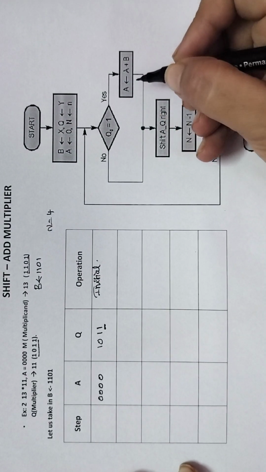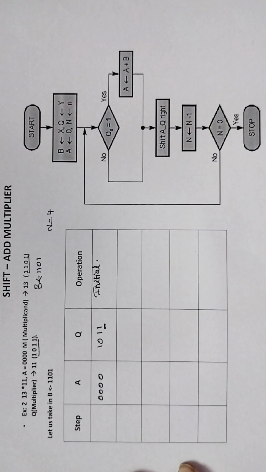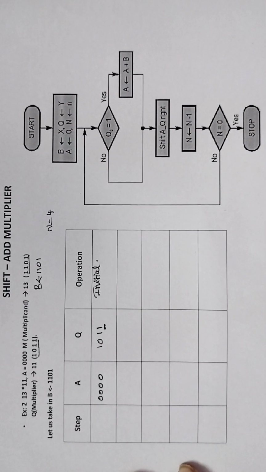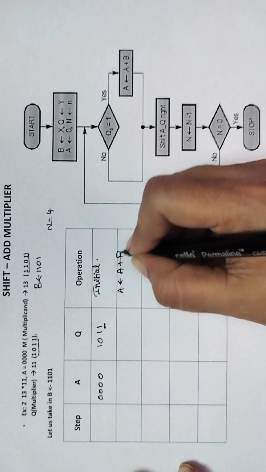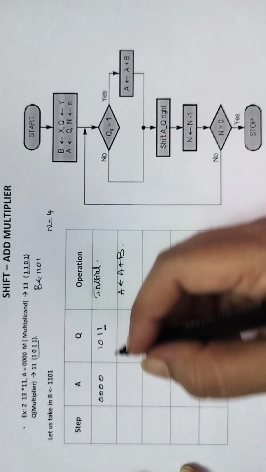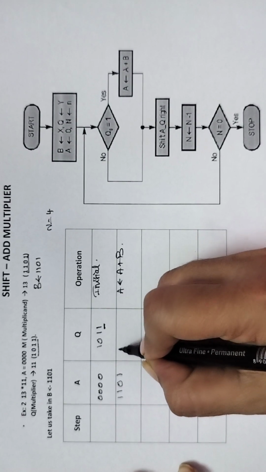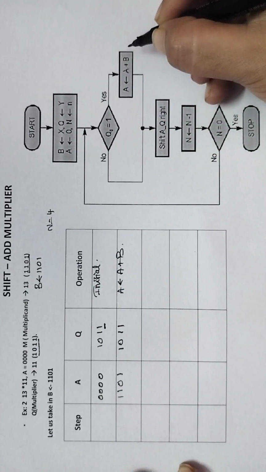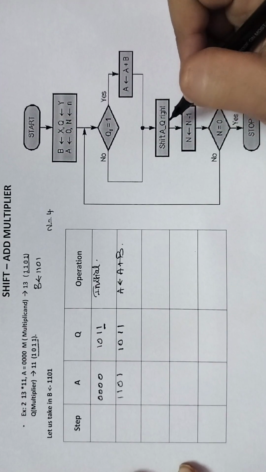We have to do A = A + B. A is the accumulator register with 0000, and B is the multiplicand 1101. So 0 is added with the multiplicand and we get the result 1101, and Q we store as such.